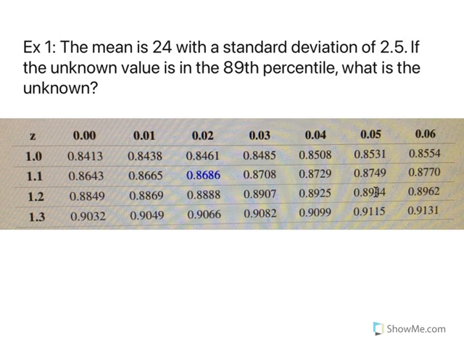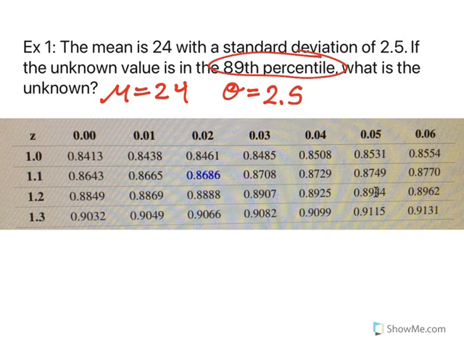We have the normal distribution part of the table here that we're going to need. The mean is 24 with a standard deviation of 2.5. If the unknown value is in the 89th percentile, what is the unknown? Well, we know the mean is 24, the standard deviation is 2.5, and the 89th percentile.